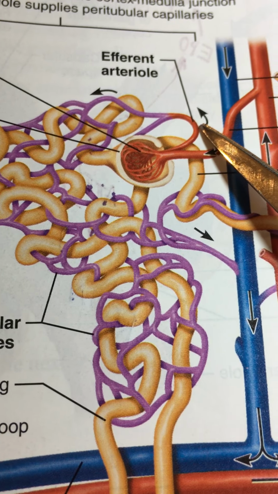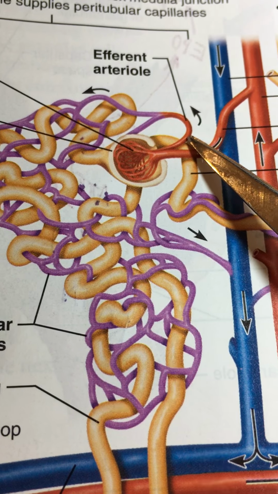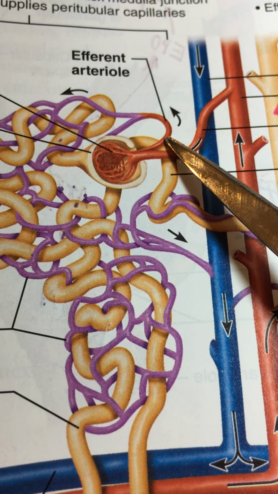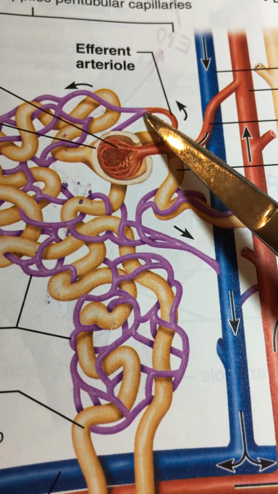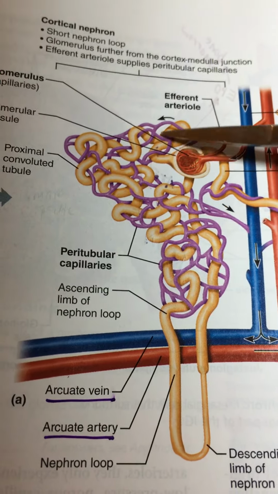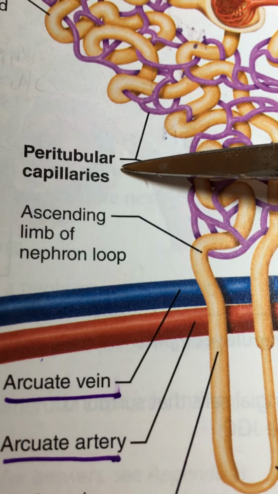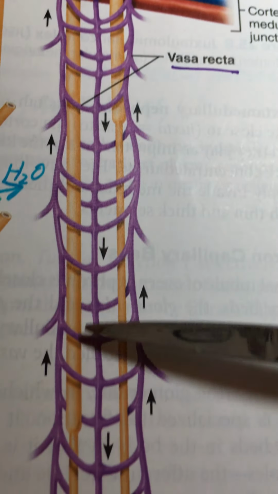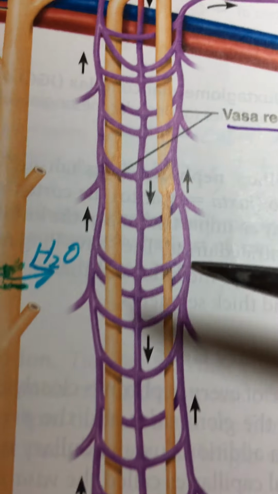We go on. Notice that the efferent arteriole, which functions in terms of pressure as an arteriole, quickly becomes a capillary network. Up here we have the paratubular capillaries. Down here we have a set of capillaries that are referred to as vasa recta.